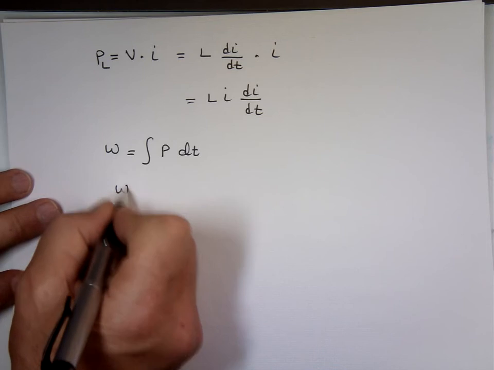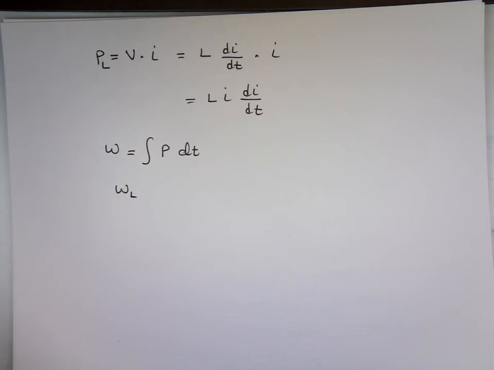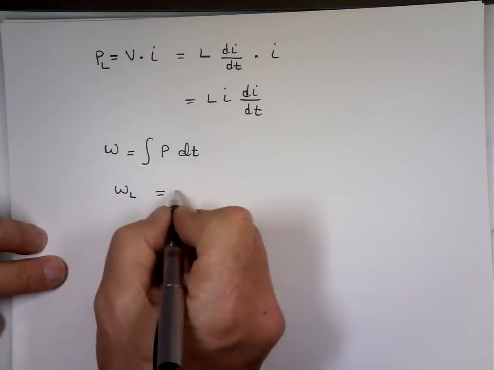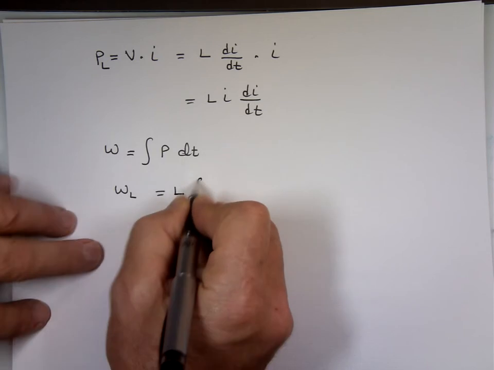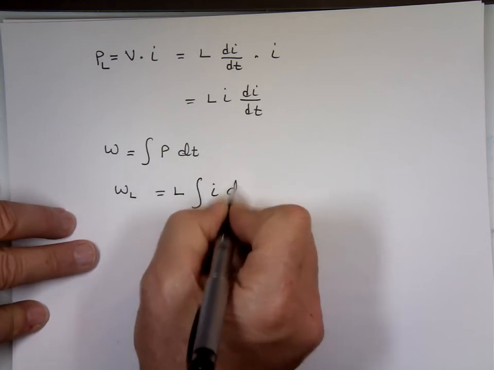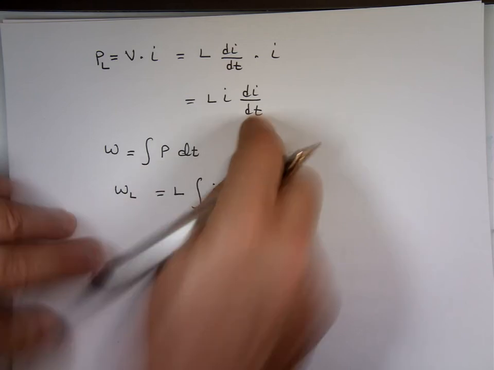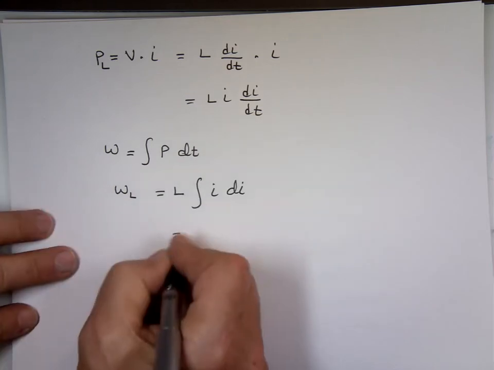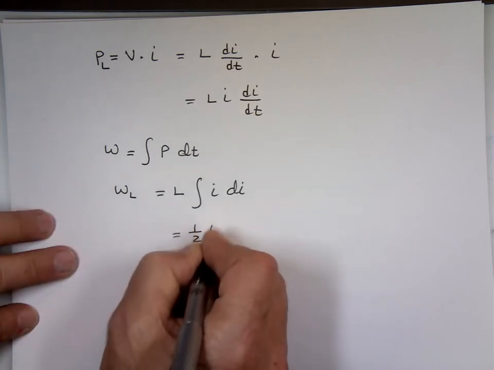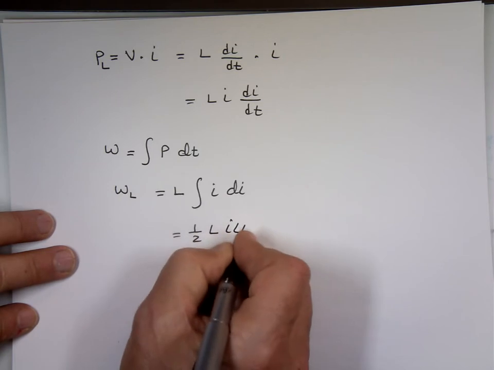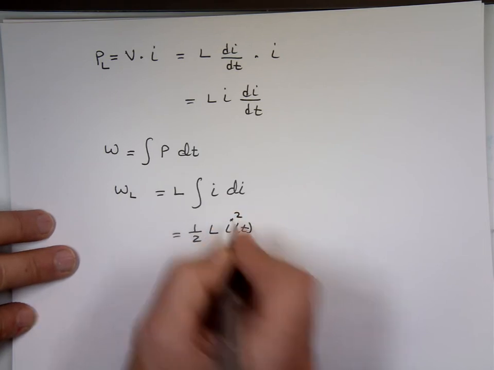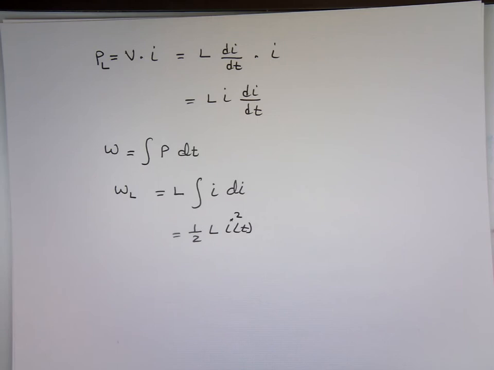The energy stored in an inductor: you can factor the L out, the integral of i di, because the dt here cancels that dt there. So what do you end up with? 1/2 L i squared. One-half L i squared.